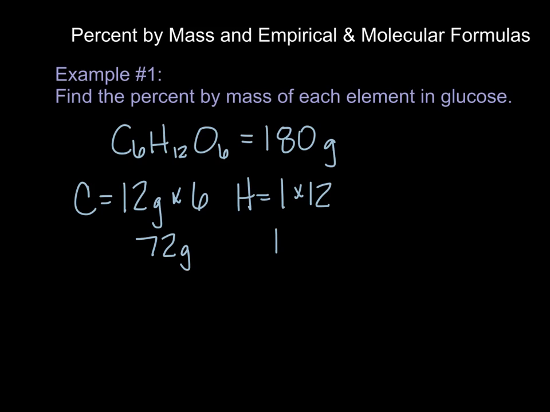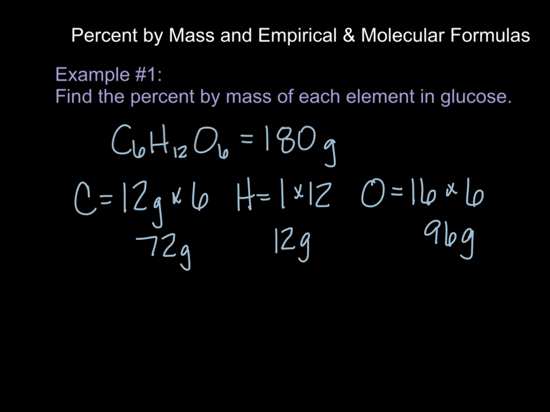So I have a mass of 12 grams in 1 mole of glucose, and I have 6 moles of oxygen in my 1 mole of glucose, and those oxygens have a molar mass of 16 grams per mole, so 16 times 6 for my 6 moles of oxygen in 1 mole of glucose, and I get 96 grams.